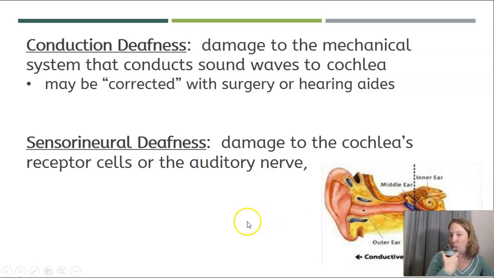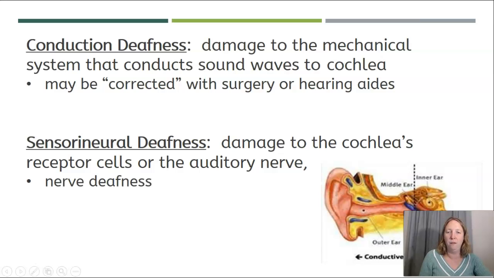So conductive deafness is anything that occurs in the outer or middle ear. Sensorineural is the type of deafness happening in the inner ear, which makes sense because once it's gone through the cochlea, it becomes an actual neural message. So that is that type of deafness.